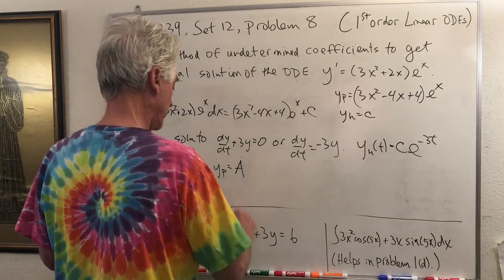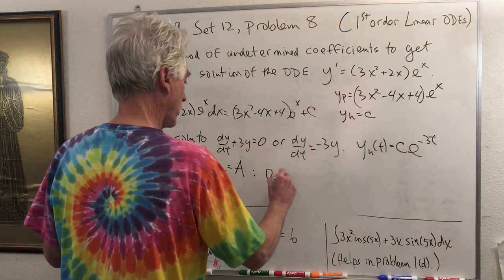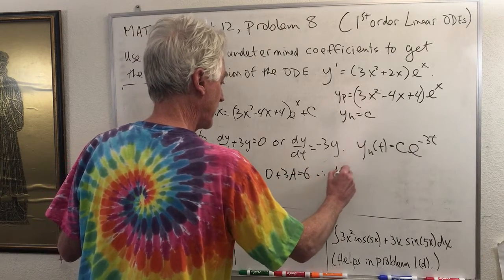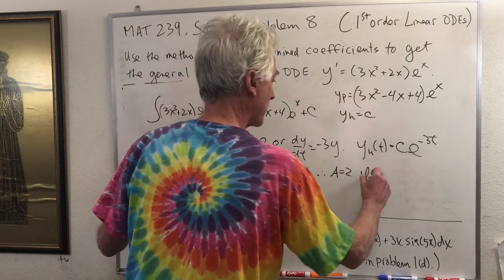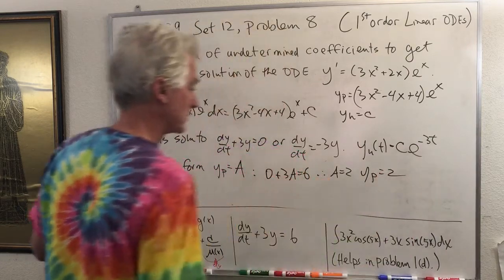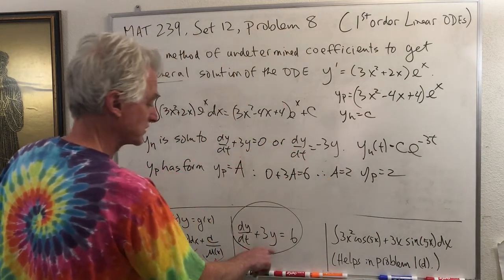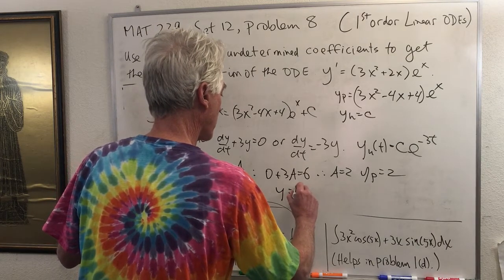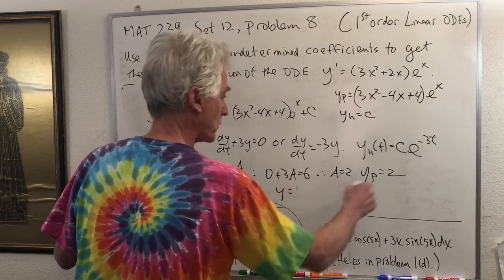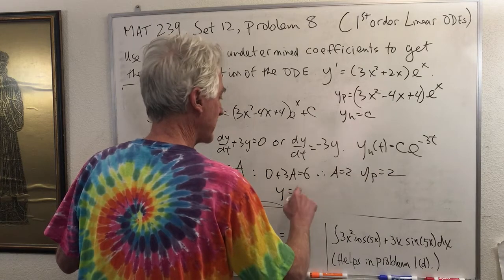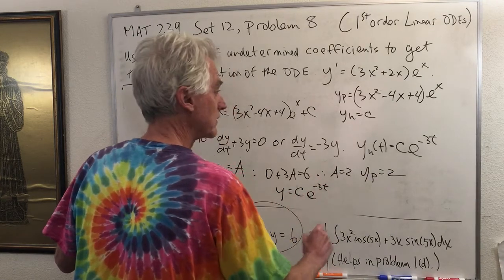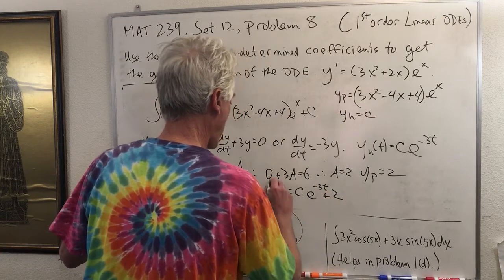Plug that in here, I get 0 plus 3a is 6, therefore a is 2, so yp is 2. So the general solution to this equation is y is yh plus yp, in that order, which is c e to the minus 3t plus 2.